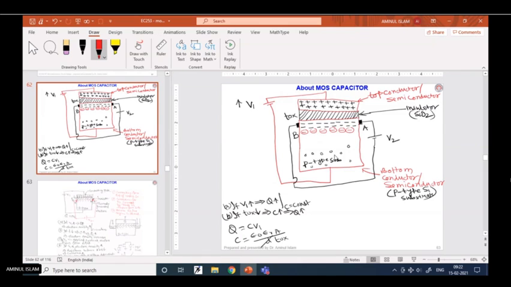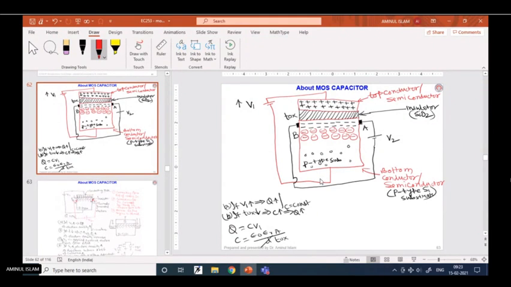If your material is p-type, holes are there, but at the top you have applied positive charges. That positive field will repel the holes, leaving behind a depletion layer having negative ions. Now further, if you increase V1, I mean more positive charge at the top material, then what happens?